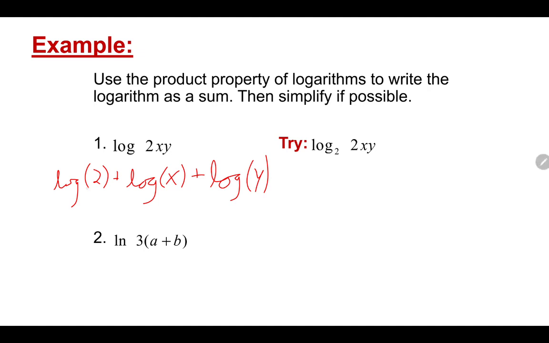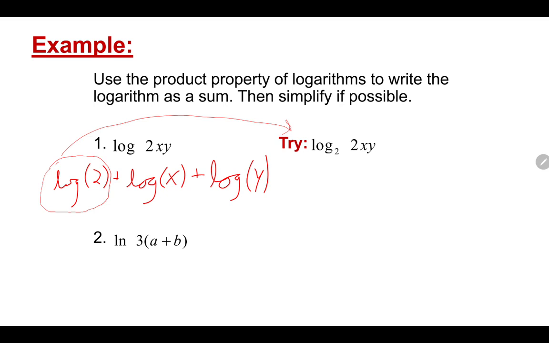And here, if this one right here had been a log with a base of 2, this would have had a special property that we could have used, as you will have already seen, and that would go away. That's a hint for when you do your try. I'm not going to go over the tries. I'm going to do 2.